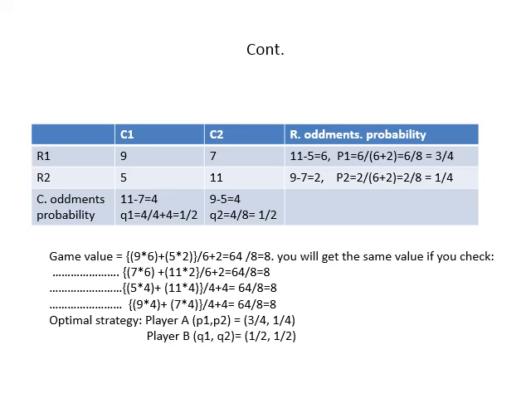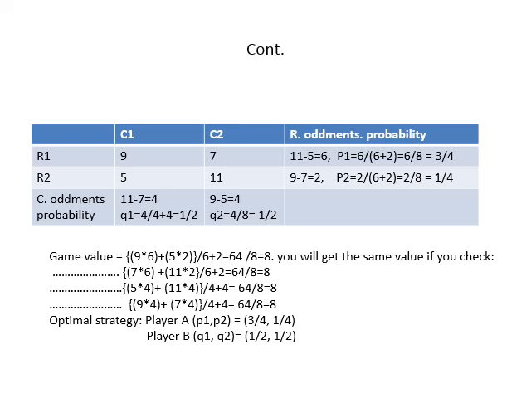That's why the oddments of R2 equals 9 minus 7. 9 is the value in the cell R1 C1, and 7 is the value in the cell R1 C2.